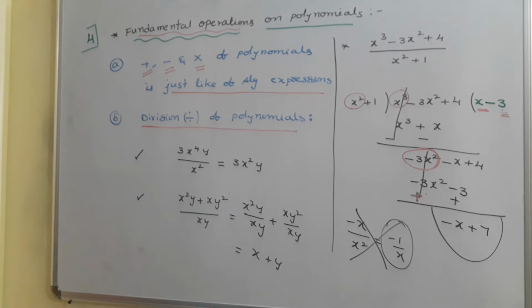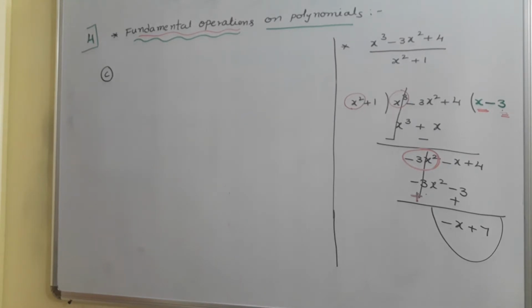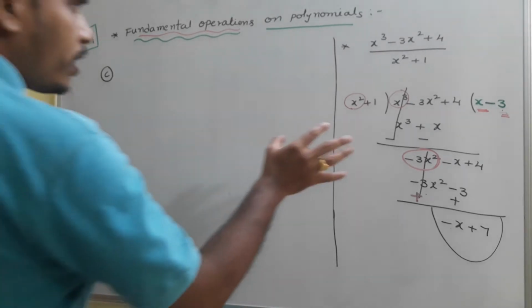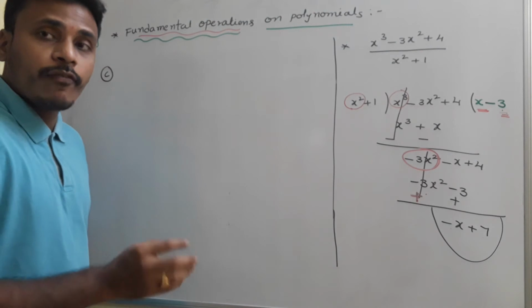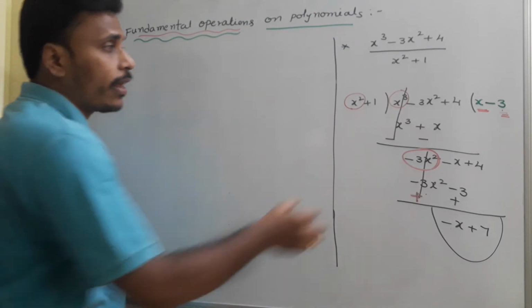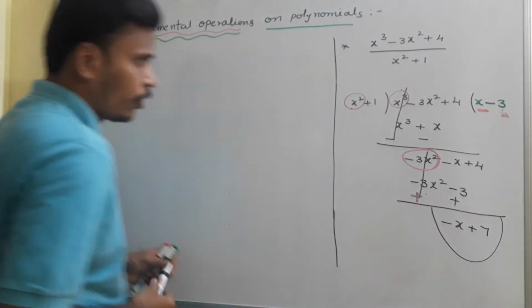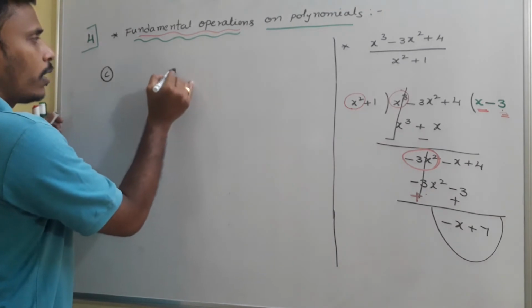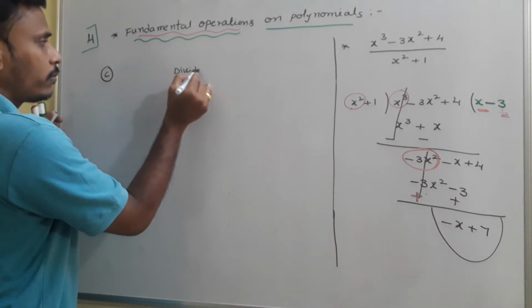So addition, subtraction and multiplication is just as like in algebraic expressions, but whereas division you need to recall once again, and then like this we need to go. Have a look. So this is division of polynomials, and from number system itself we know the names of all these parts of division. Usually what we call dividend.